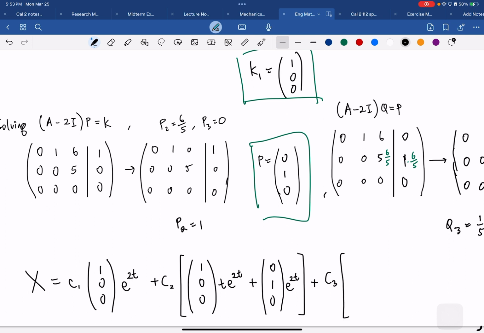Still, we are going to bring back our 1, 0, 0, the k, but since we have e, and then the next one is pe, then what's supposed to be the next part? We need to multiply, but the way we multiply, we are having t squared over 2.